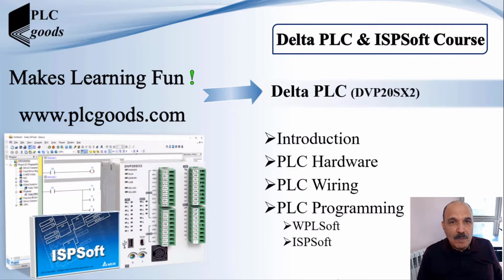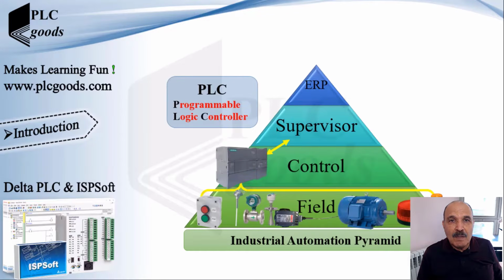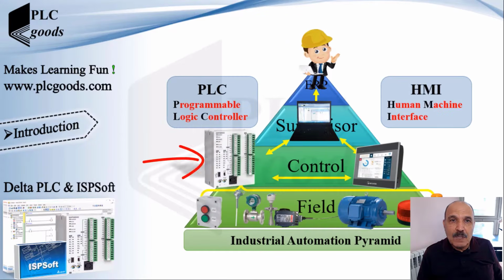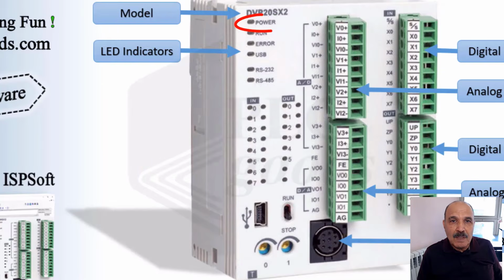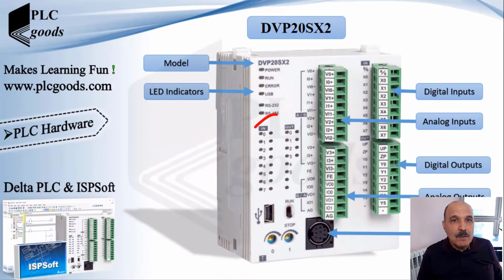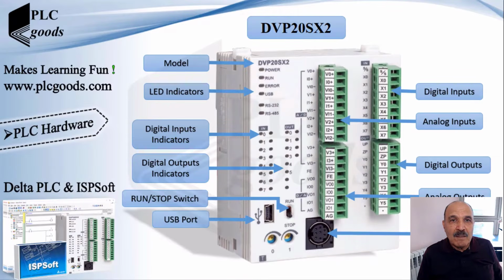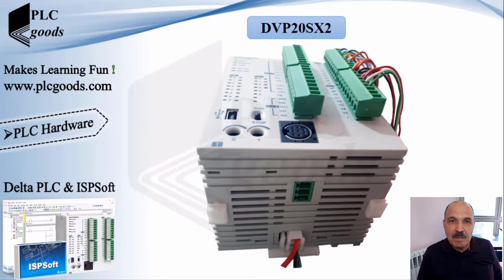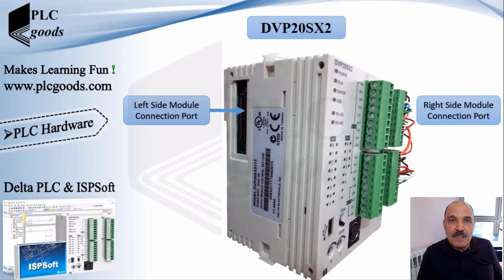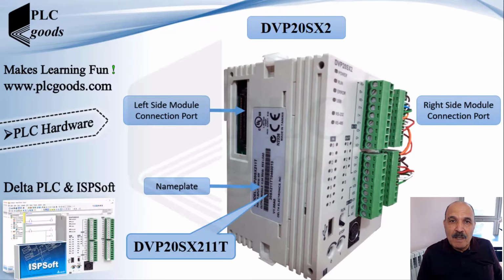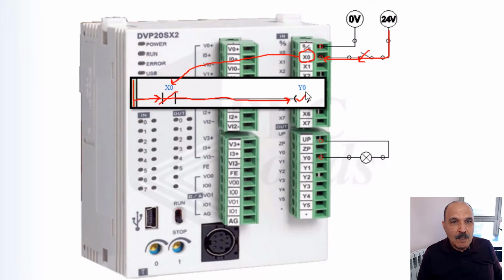Video lesson number 1 provides an overview of the industrial automation pyramid, introduces the PLC hardware, and explains its compatibility with WPLSoft and the advanced ISPSoft software. We explore the Delta product lineup, showcasing a specific PLC model with 20 inputs and outputs.